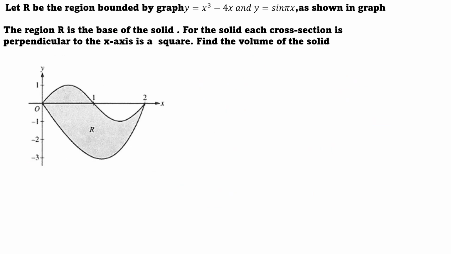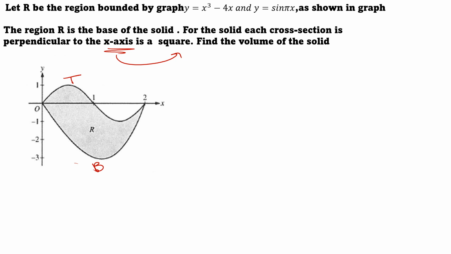Okay, so the two equations are given to us and they are saying that the region R is the base of the solid. Find the volume of the solid if its cross section perpendicular to the x-axis is a square. So very simple, it is top minus bottom. Now what is top, what is bottom?